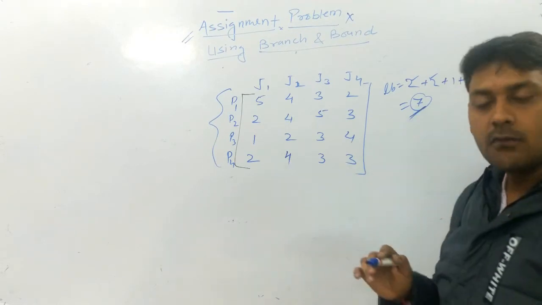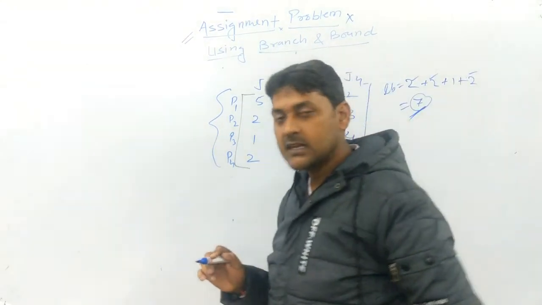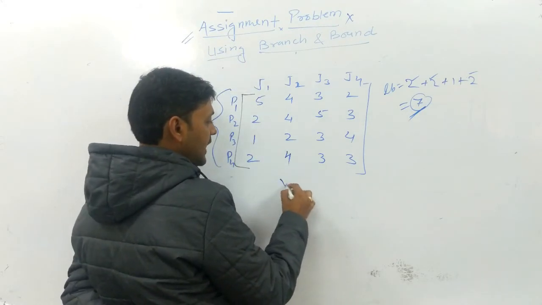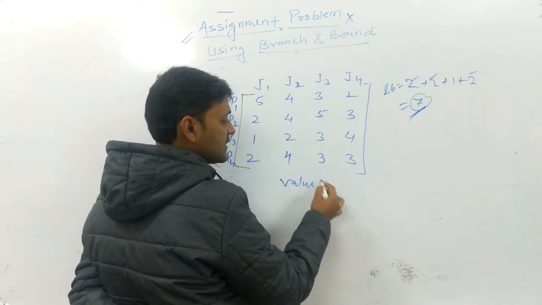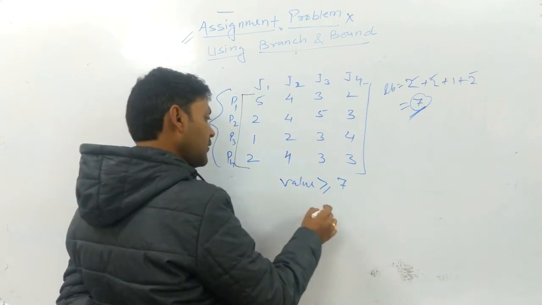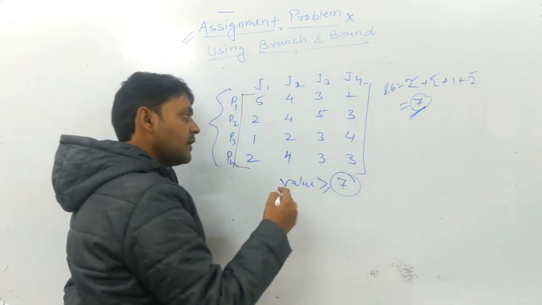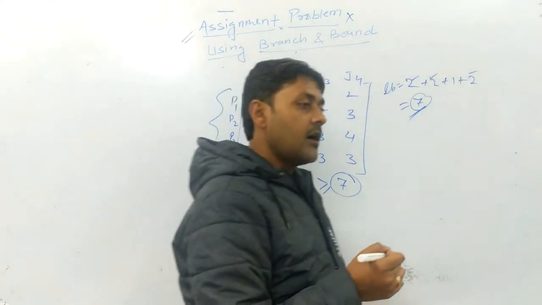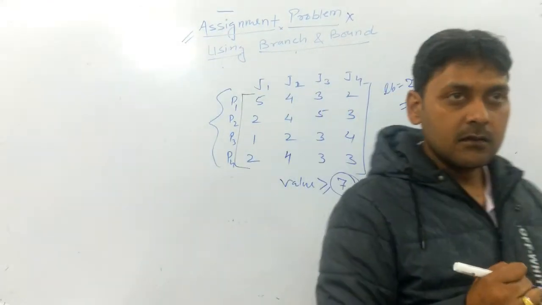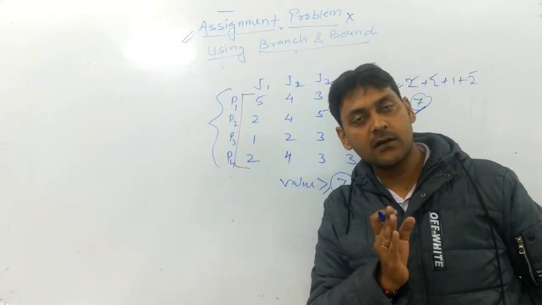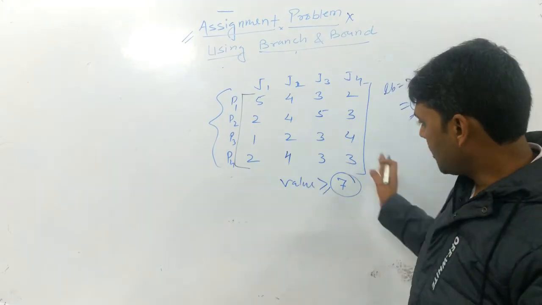That means the value after your calculation should be greater than or equal to 7. You have to find the minimized value according to the given lower bound.